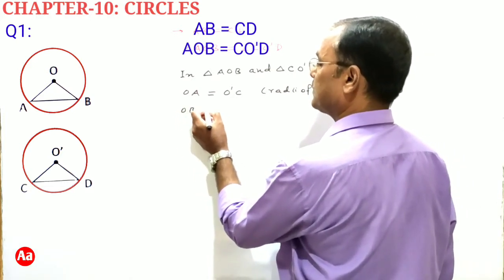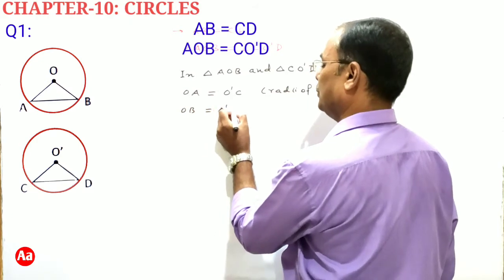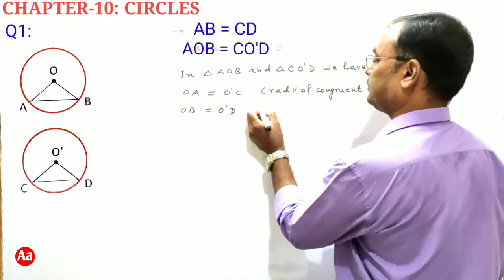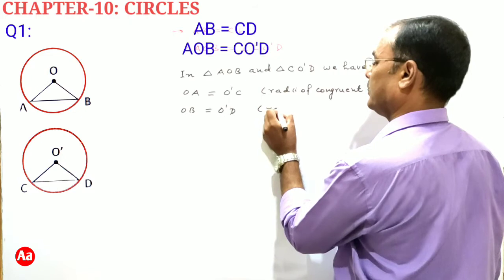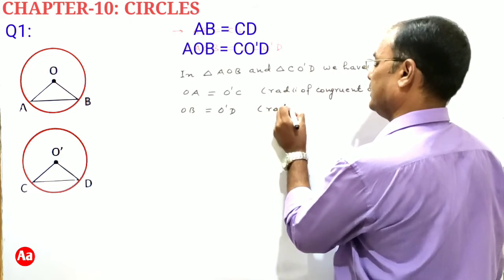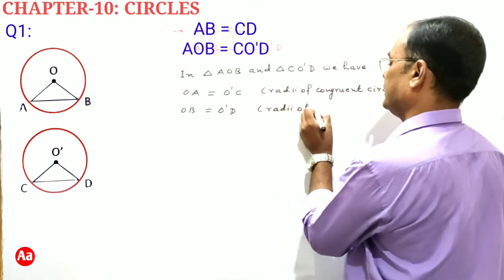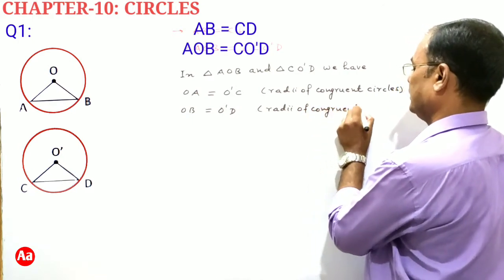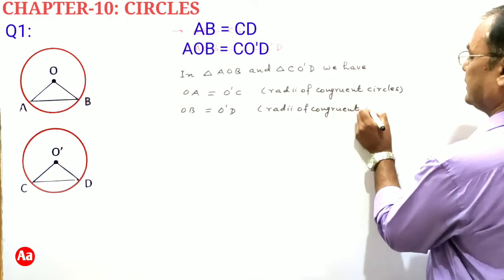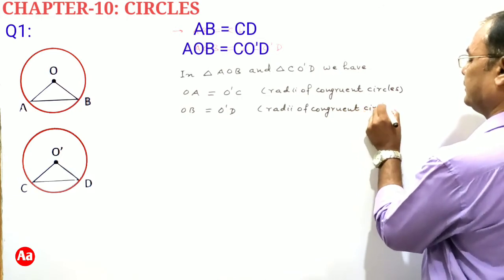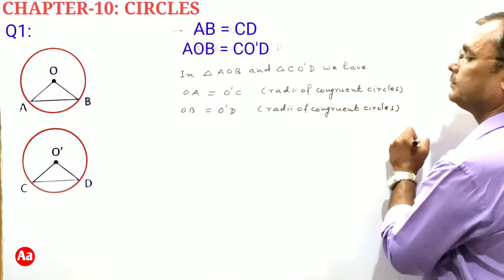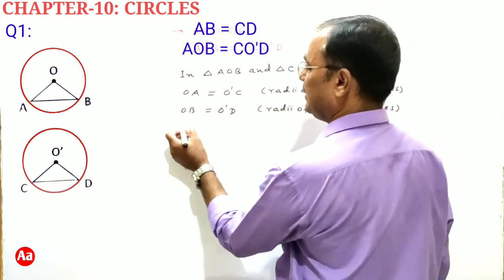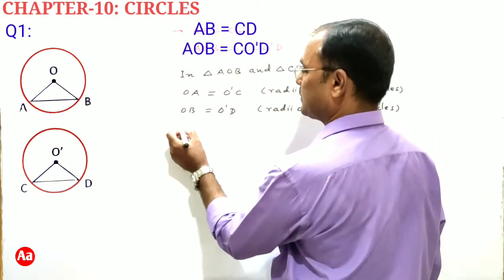OB is equal to O'D, radii of congruent circles, and AB is given equal to CD.